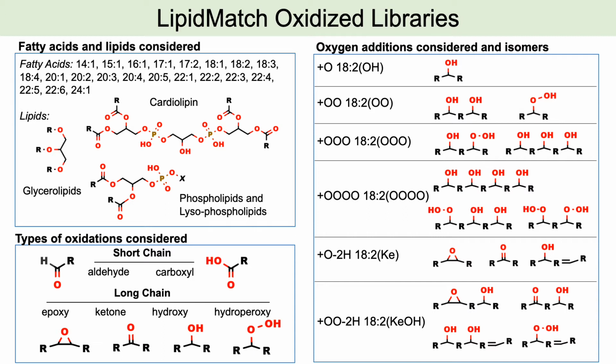These oxidized fatty acids are then combined with natural fatty acids, unoxidized fatty acids, and different types of lipids, including glycerolipids, cardiolipids, and phospholipids and lysophospholipids, to give a diverse library covering many different types of oxidized species that may be observed.